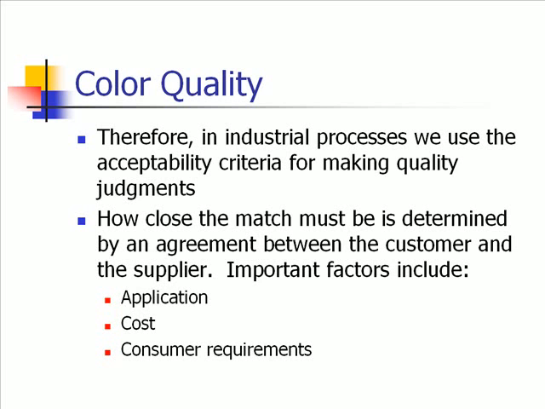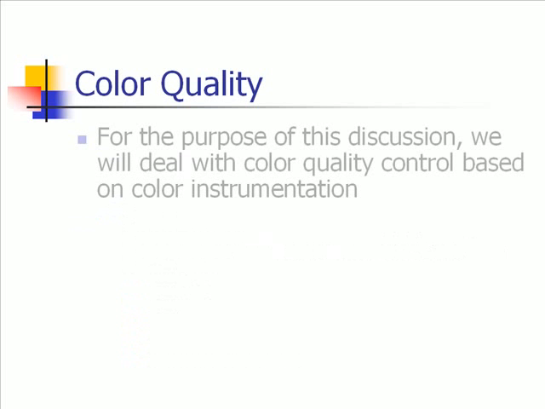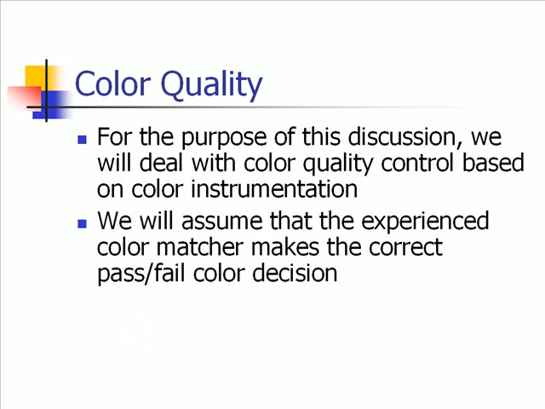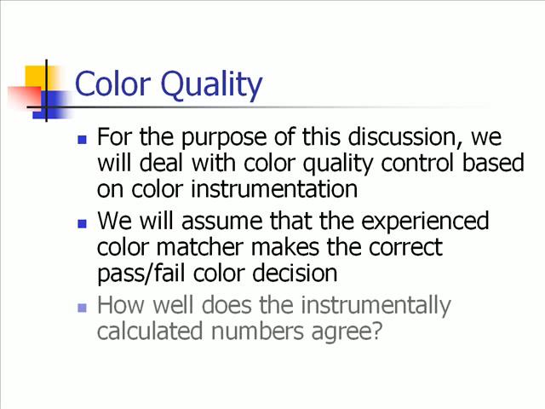For the purpose of this discussion, we will deal with color quality control based on color instrumentation. So we're going to look at this whole quality issue in terms of numbers. We will assume that the experienced color matcher makes the correct pass-fail color decision. Our absolute right-wrong answer is based on what an experienced color matcher sees with his eyes.